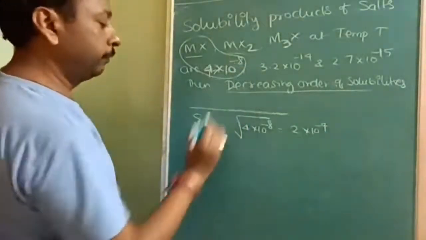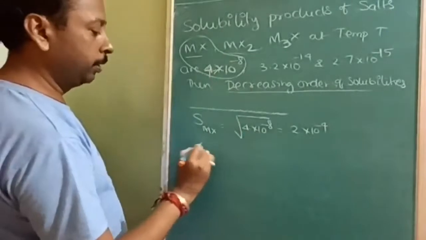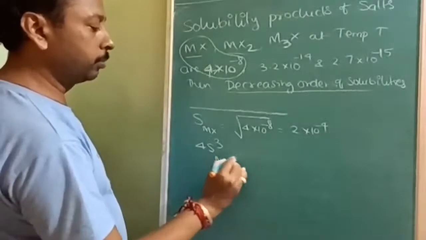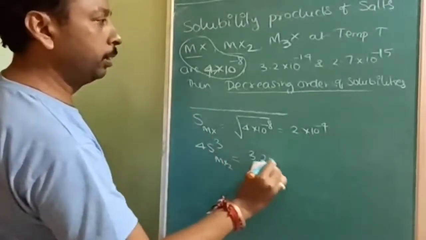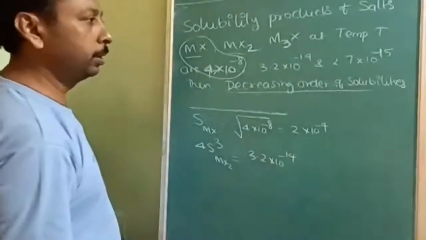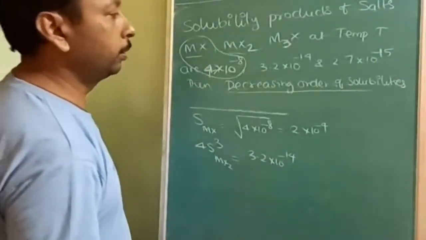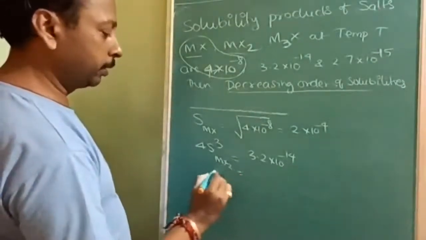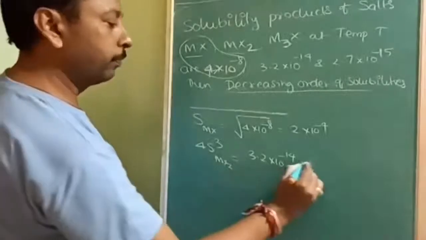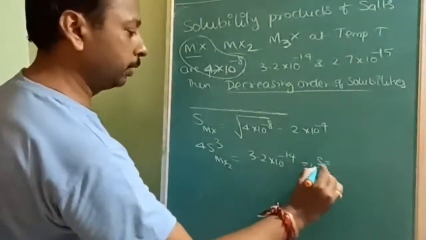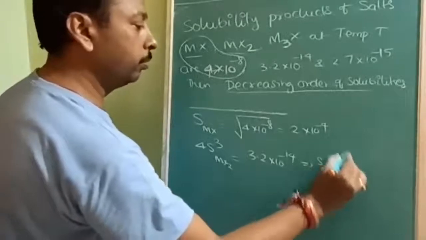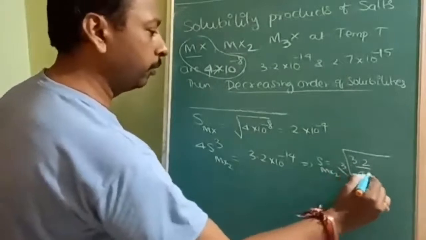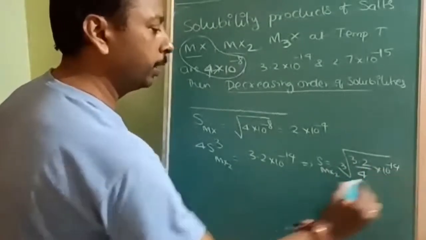Understood? But for MX2 there is a problem. For MX2 it will be 4S cube. 4S cube of MX2 is equal to 3.2 into 10 to the power of minus 14. Okay. So S of MX2 will be the cube root of 3.2 divided by 4 into 10 to the power of minus 14.